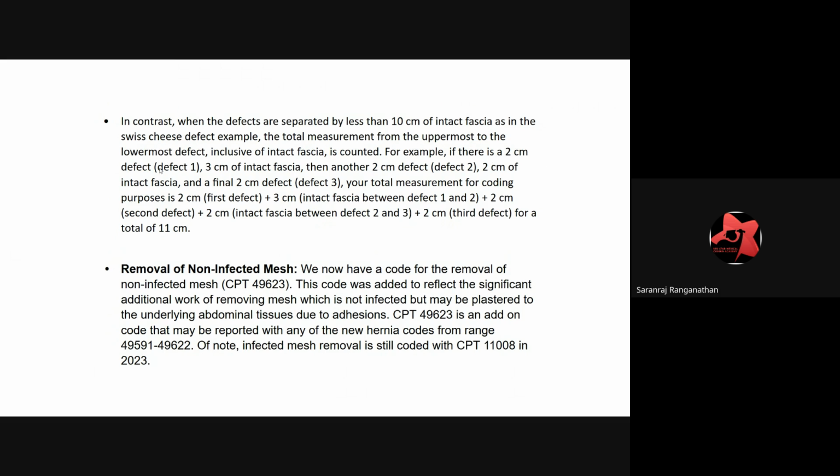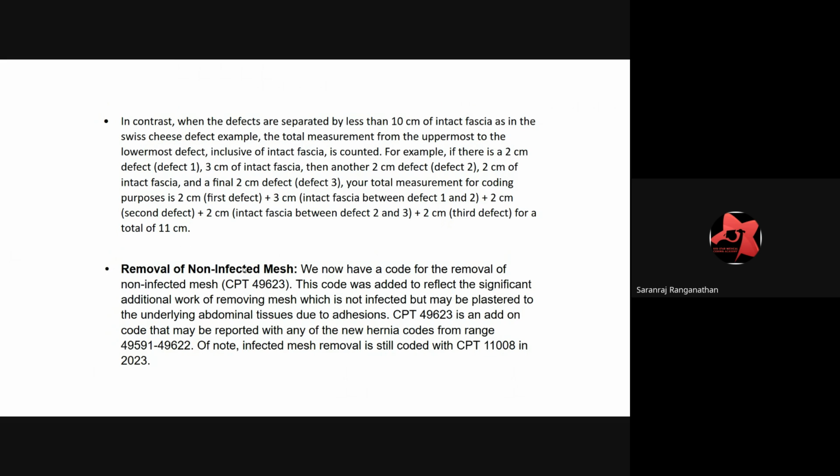If there is a 2 centimeter defect, then 3 centimeters of intact fascia, then another 2 centimeter defect, 2 centimeters of intact fascia, and a final 2 centimeter defect, your total measurement for coding purposes is the first 2 centimeters, the 3 centimeters of intact fascia between defects 1 and 2, 2 centimeters for defect 2, the 2 centimeters of intact fascia between defects 2 and 3, then 2 centimeters for the third defect. So totally 11 centimeters. Okay.